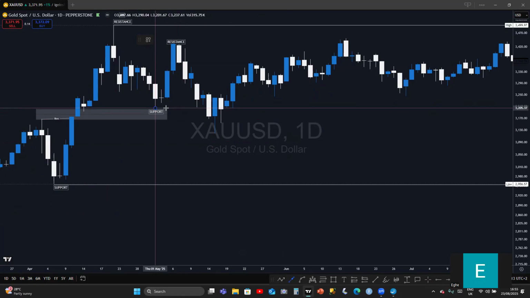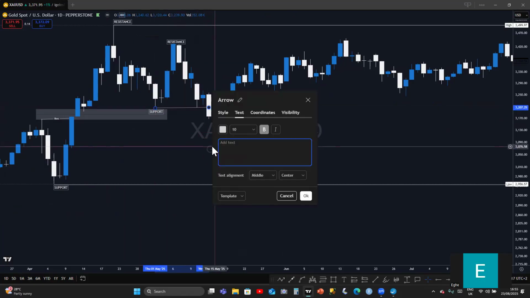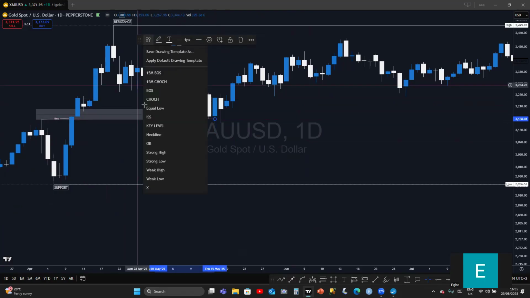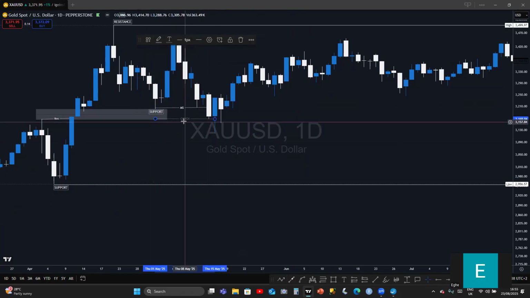We'll label this one as what? Market shift, MS. Market shift, or you will see change of character. You can say market shift or change of character.